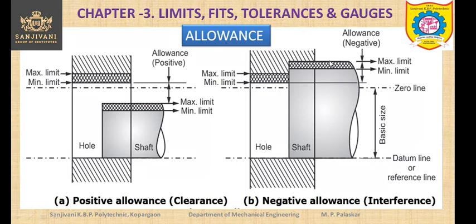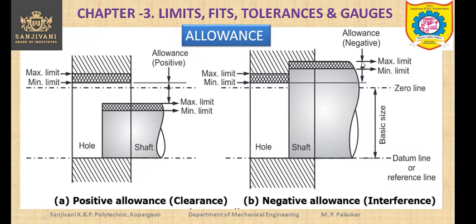Okay. Now what is allowance? You can see this distance is allowance. So what is this distance? It is the distance between the maximum limit of the shaft and the minimum limit of the hole. The difference between the maximum diameter of the shaft and the minimum diameter of the hole is the negative allowance or the interference in this case.